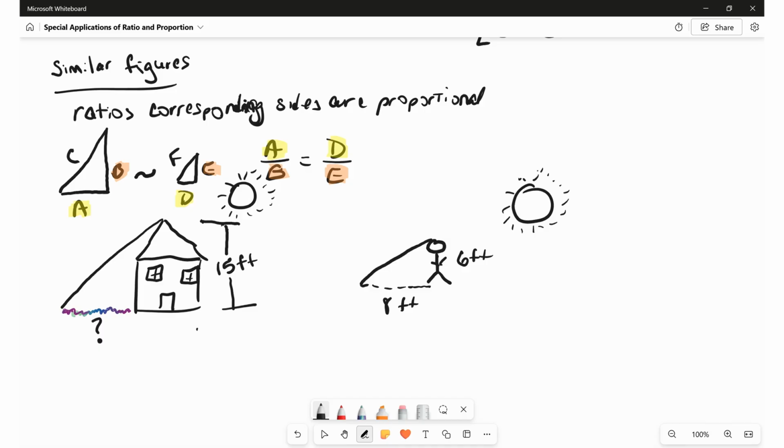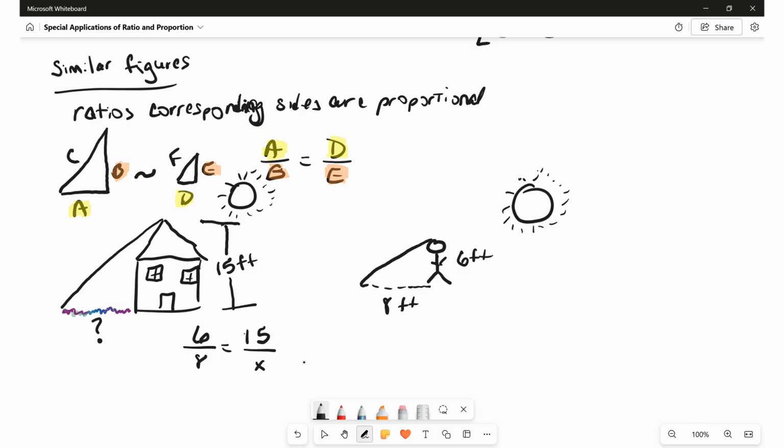So we can say that 6 over 8 is equal to 15 over our unknown. And because the sun is in the same position, these create similar triangles.